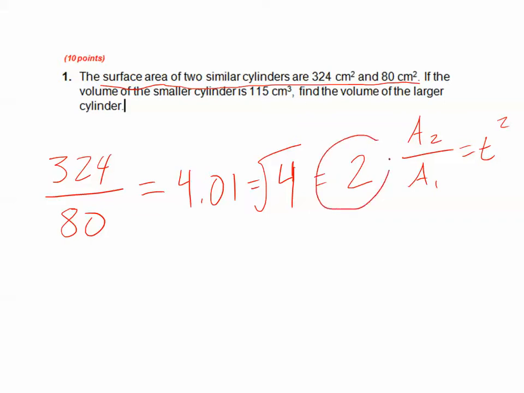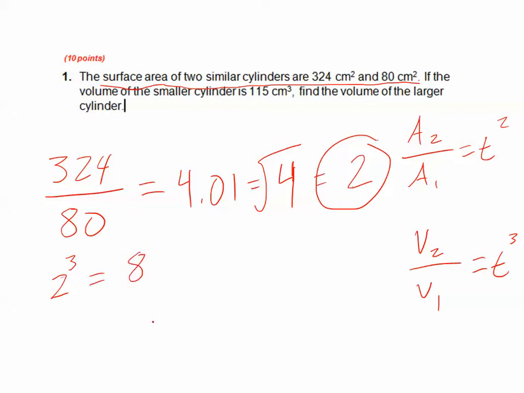Now we're going to use this 2 to find the volume of the larger cylinder. What we talked about earlier is that for volume, the scale factor is cubed. So we cube the 2. 2 cubed equals 8.